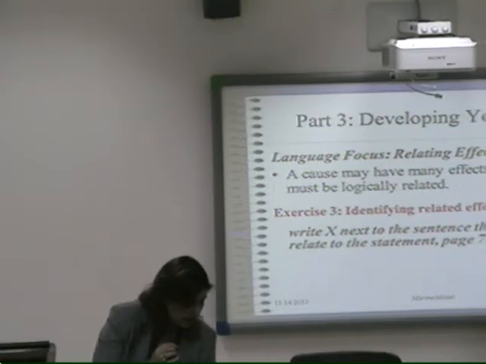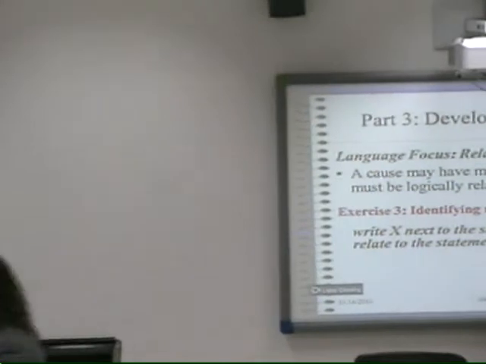Okay? Number 3. Yes, please. Pollution has many negative effects. Okay, so we're going to talk about what here? Negative effects, exactly. Negative effects of air pollution. We're going to talk about effects. Effects, causes or results? Results.